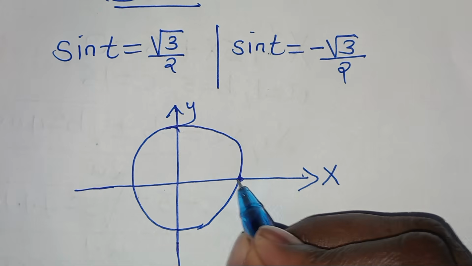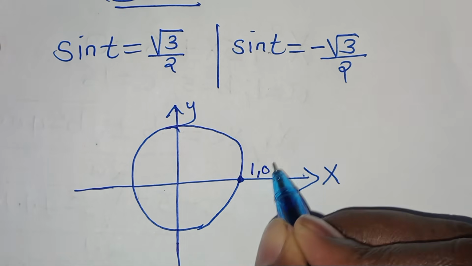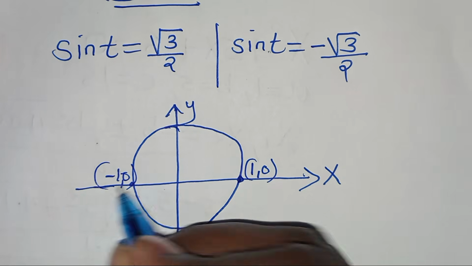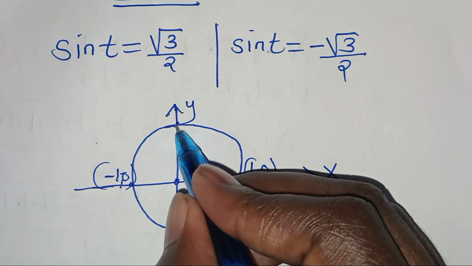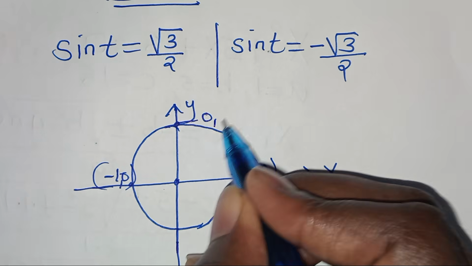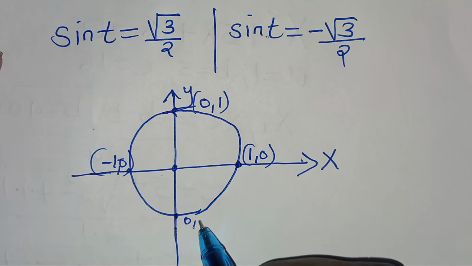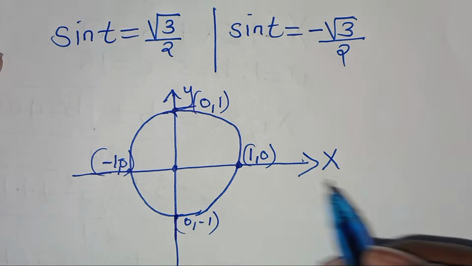Here we have (1, 0), here we have (−1, 0), then here (0, 1), and here (0, −1).